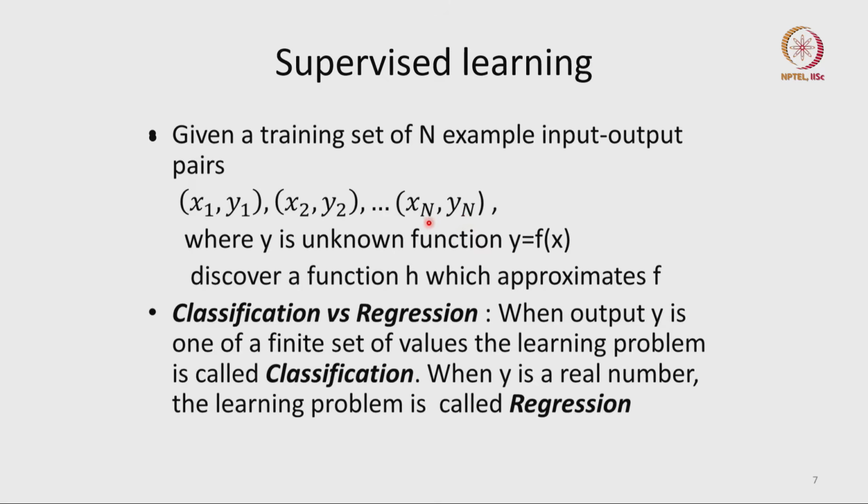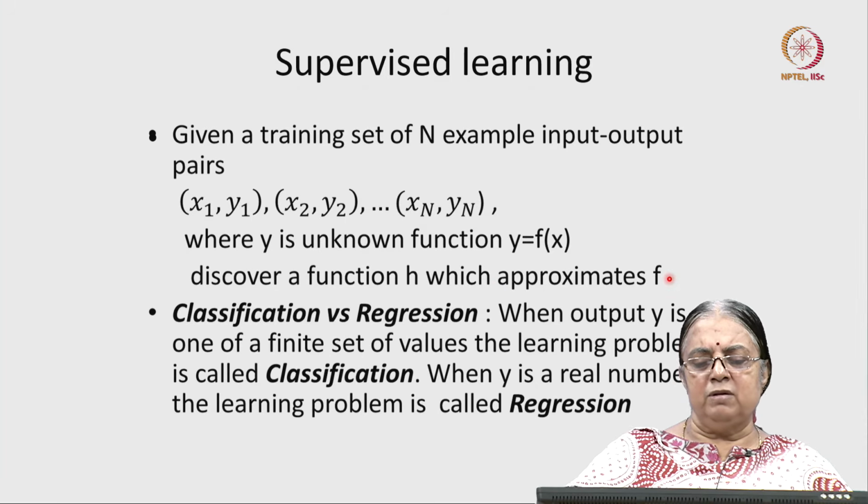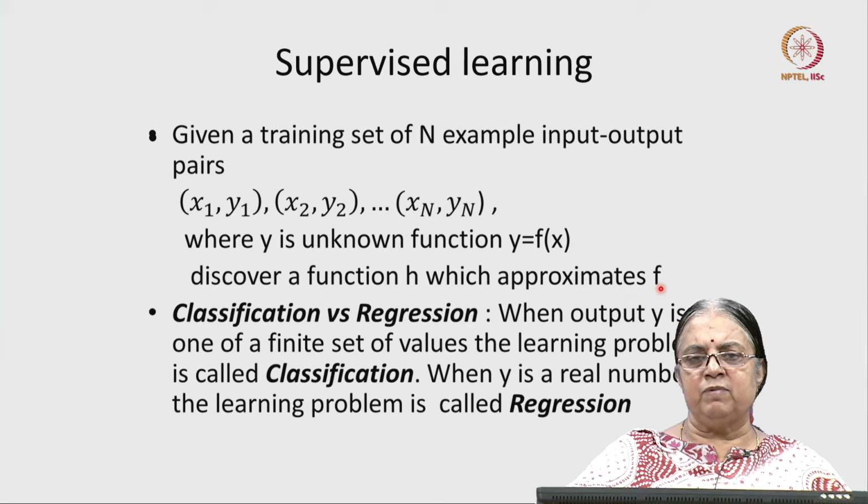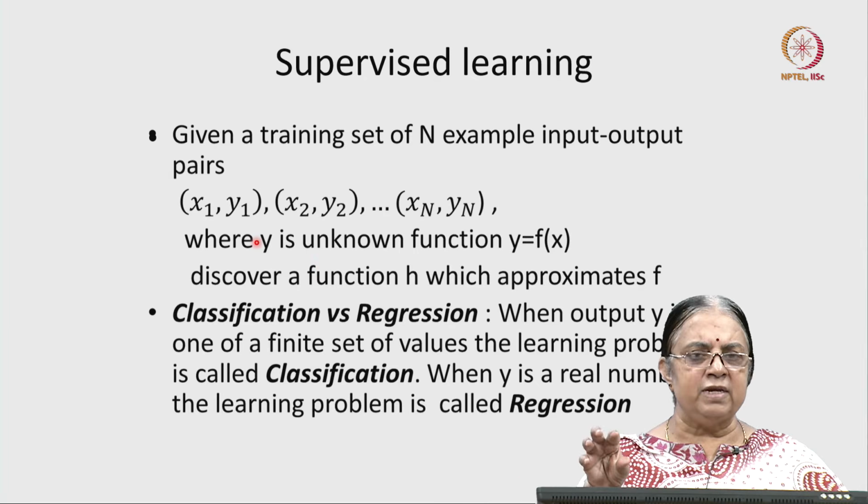So, what we are doing in classification basically is to find a function h which approximates f. So, it may not be exactly f, but we find something as close to f as possible, that is the function h. And then when we come to classification, the output we have here, this y1, y2, etc. could be a finite set of values.